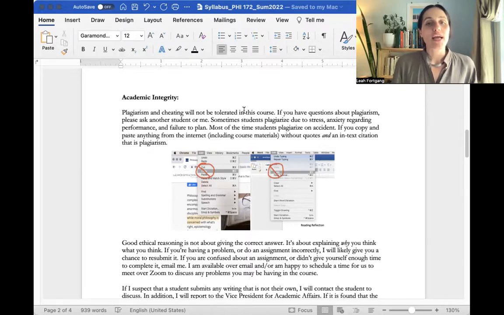And what I so often find, more often than not, if a plagiarism issue comes up, is that the student felt pressured for time, or they felt like they didn't understand what they were supposed to say. They didn't have a lot of confidence in really answering the question. And they spend a lot of time working on it.